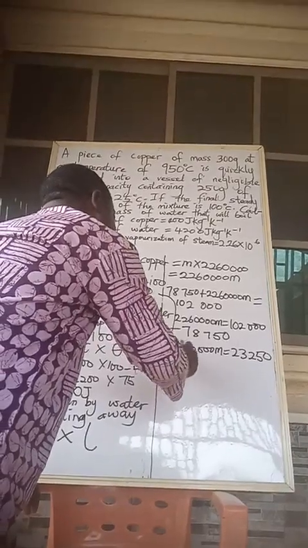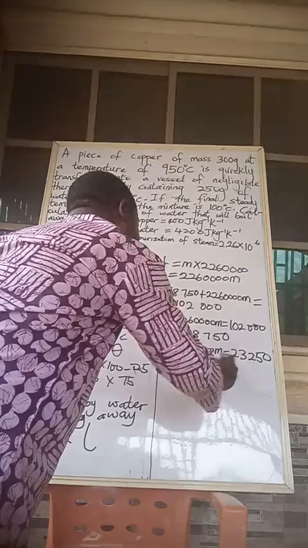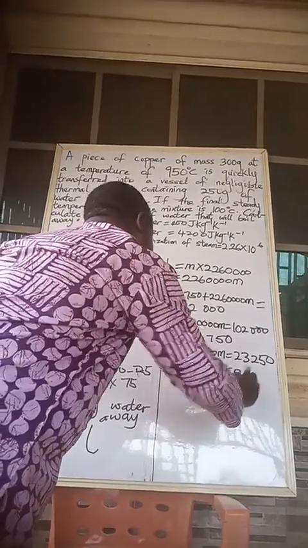Now we want to divide both sides by 2,260,000. So M is equal to 23,250 over 2,260,000.